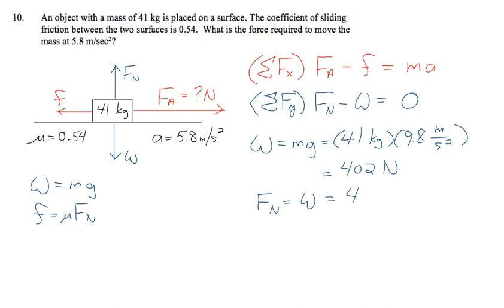So I know the normal force also equals 402 newtons. And now that I know that, what can I solve for? What's the next thing I can solve for now that I know the normal force? Friction, because I have a formula over here that says friction equals mu Fn. Mu was given in the problem as a fact, and we just solved for Fn. So now we can get friction, which is a force.